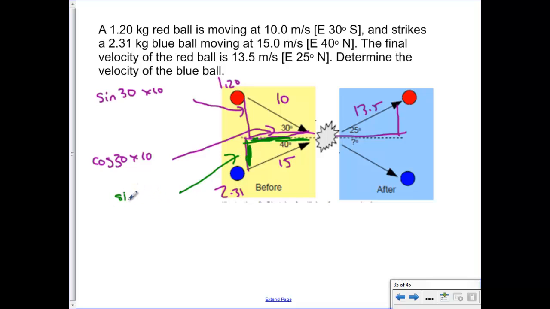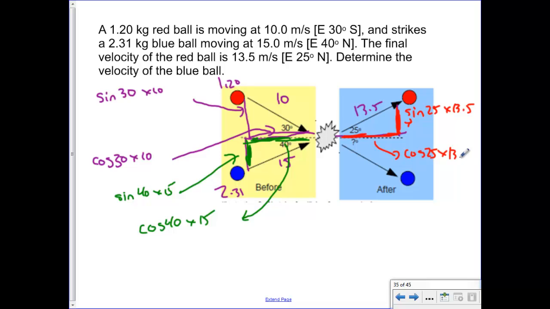This side will be the sine of 40 times 15, and this side will be the cosine of 40 times 15. And this guy here will be the sine of 25 times 13.5, and this guy will be the cosine of 25 times 13.5. Does that make sense what I'm doing so far? I'm just finding all the x and y components because I know I'm going to need them, so I may as well just find them first.